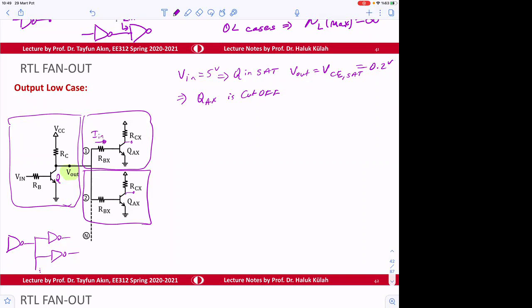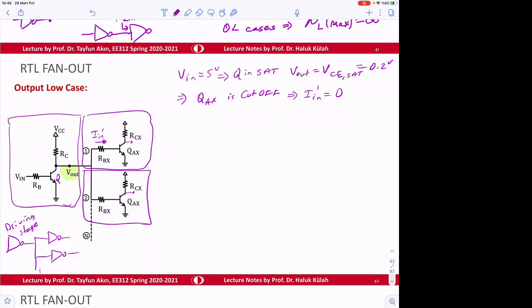We call this I in low, or I in prime. If that's the case, I in prime is equal to 0. So there is no current coming or going to the first stage, the driving stage. This is the driving gate.